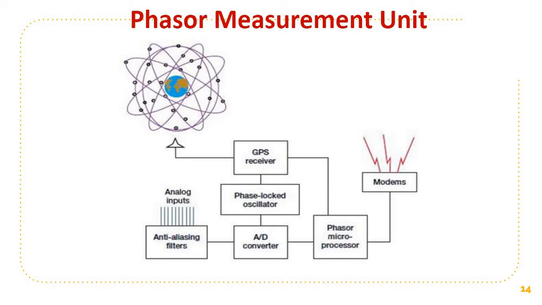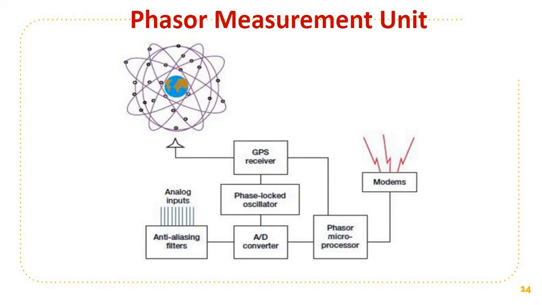Using the synchronized clocks as a reference, a PMU creates the phasor representation of a complex sinusoidal signal. All PMUs in the power system use the same time reference. The phase angle differences between the phasors are hence accurate.